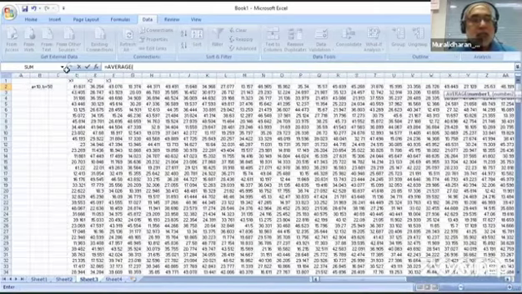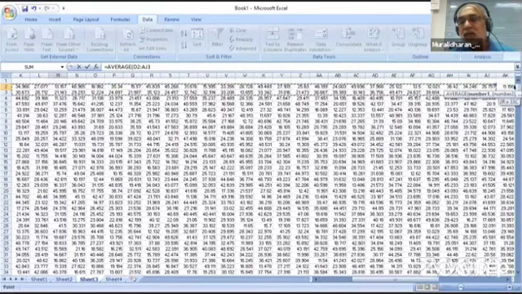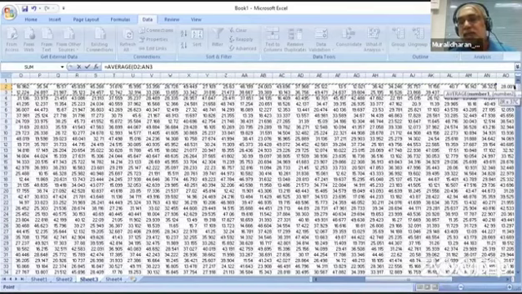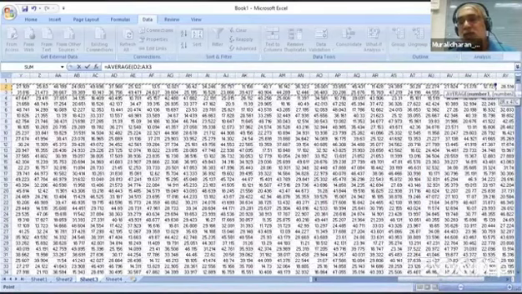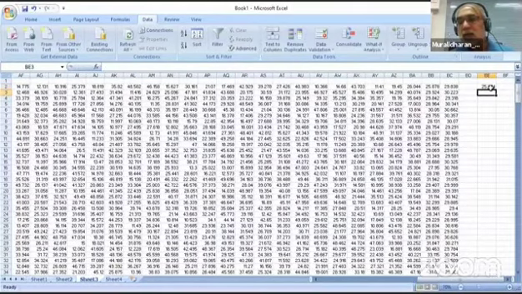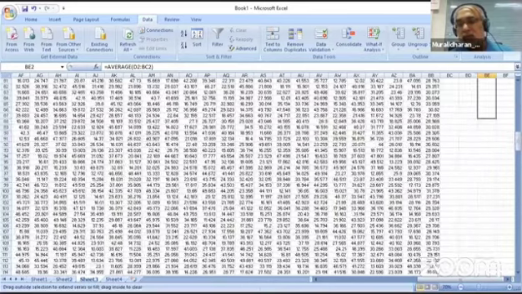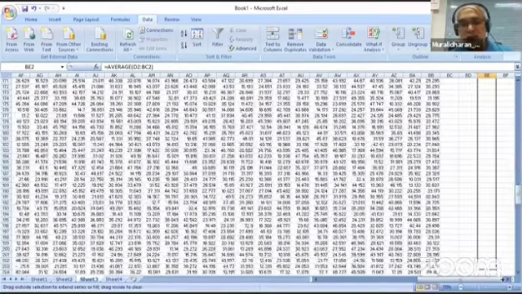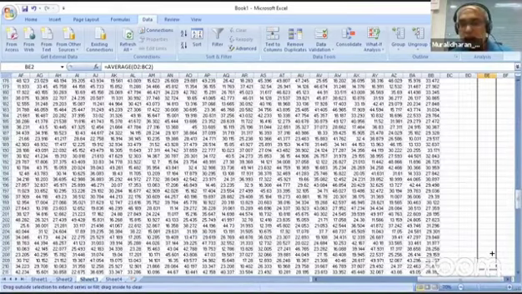Since the random samples are changing every time, it is nice to work with. Every time you will not get the same constant result, but approximations and everything will be the same. So this is the sample. I will copy throughout. Okay, this is the sample, around about 300 something samples.